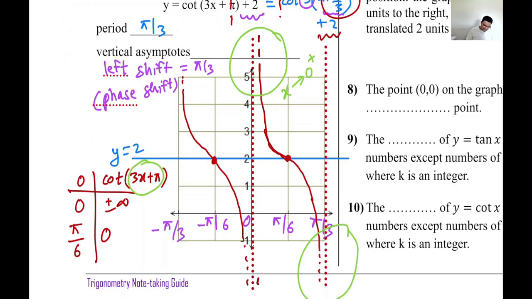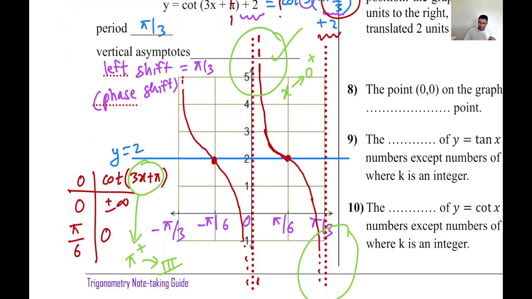As a result, 3x plus pi will be a little bit more than pi. That more than pi or less than pi is important because we need to know the quadrant, which is quadrant 3, and in quadrant 3 cotangent is positive. That's how I know it is plus infinity here.